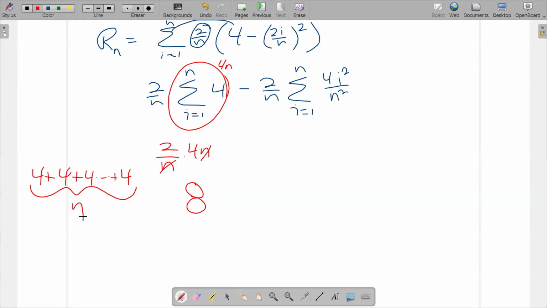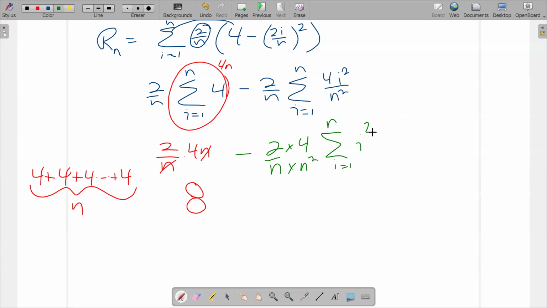The other part, 2 over n is a multiple on the outside, but I can pull that multiple of 4 out, and I can pull the multiple of n squared out. So now I only have to worry about summing the i squareds. The sum of the i squareds isn't something I expect you to memorize.